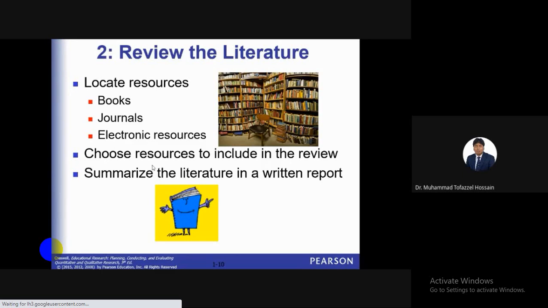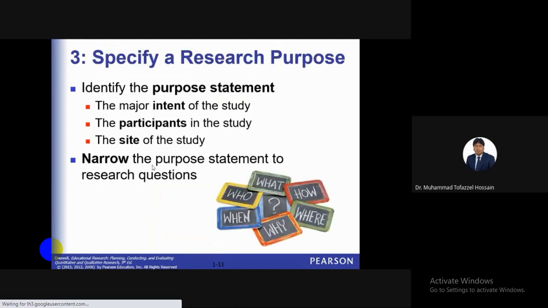You have to make a short summary by reviewing all that literature, so that within a few paragraphs, within a few hundred words, people know what you are going to say, and it should summarize everything of the past.